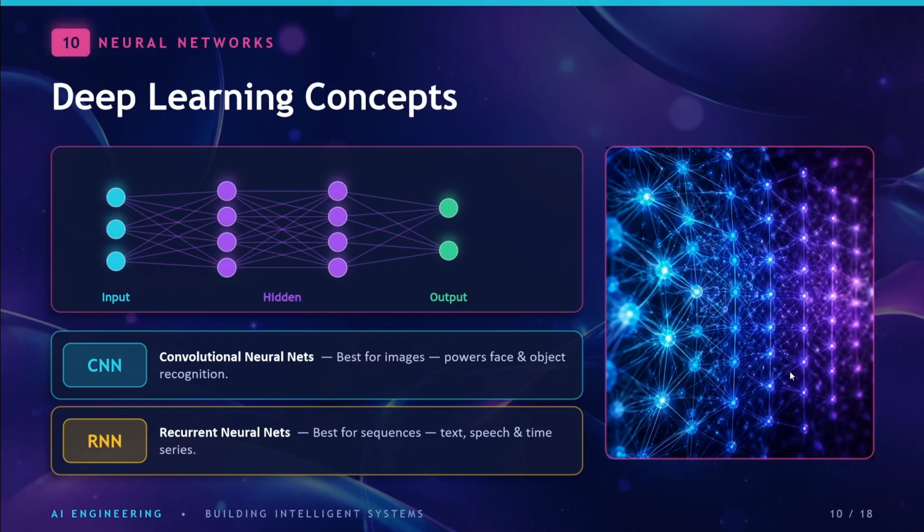Unlike CNNs, which look at an entire image at once, RNNs process data step by step, remembering information from previous steps to understand context, which makes them useful for tasks like language translation or speech recognition, where the meaning of a word often depends on the words that came before it.